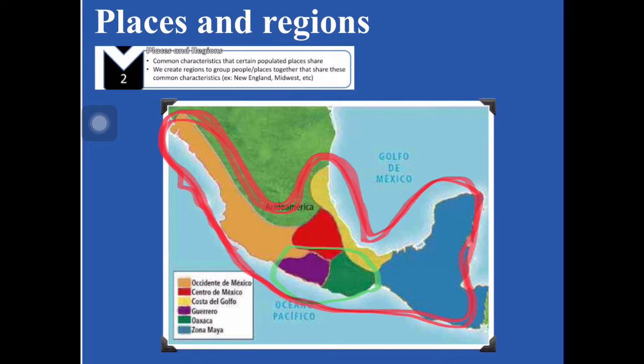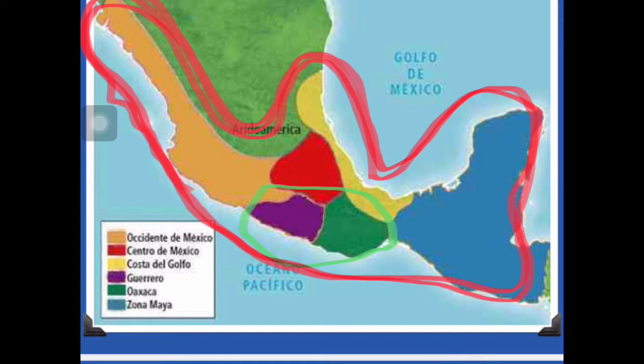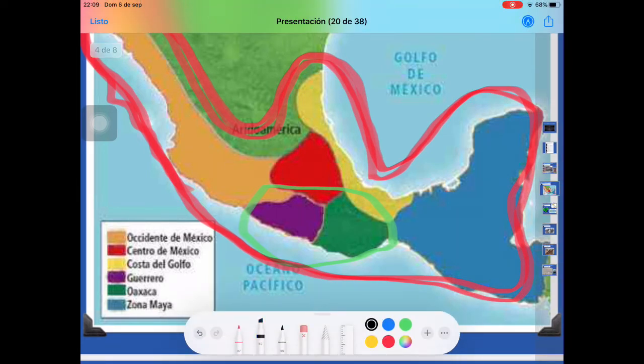But we can also go smaller, and we can say that within Mesoamerica we have 5 or 6 smaller regions. This depends on the author. Some people, I do believe, say that we do not have enough elements to say that these are 2 separate regions.